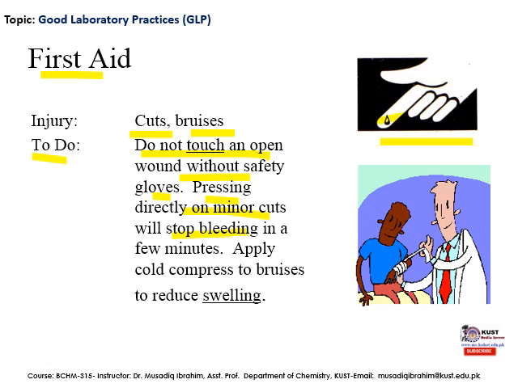If it is a minor cut, it will stop bleeding in a few minutes, and apply a cold compress to bruises to reduce swelling. These are the first aid steps which you can take, and there is also a first aid kit available within the lab which you can use.